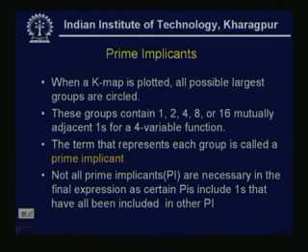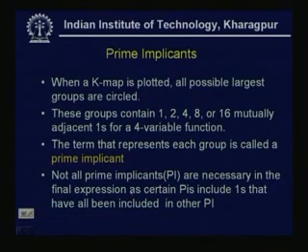Now, what we will notice is that not all prime implicants are necessary in the final expression, as certain prime implicants include ones that have already been included in other PIs, because we have identified all the groups, whether it is a couple or quad, or for larger variables whether it is an octuplet.